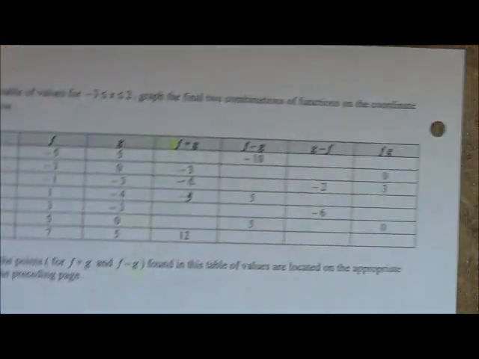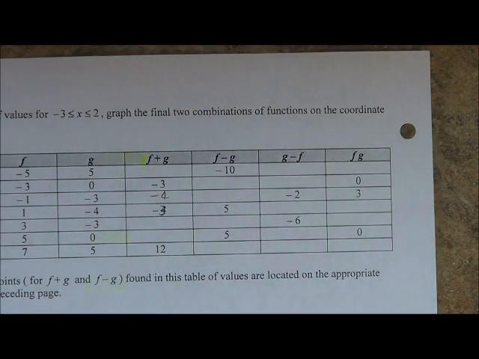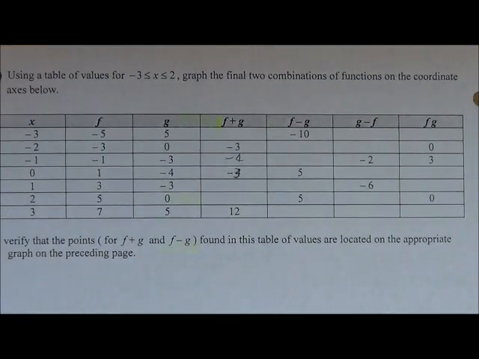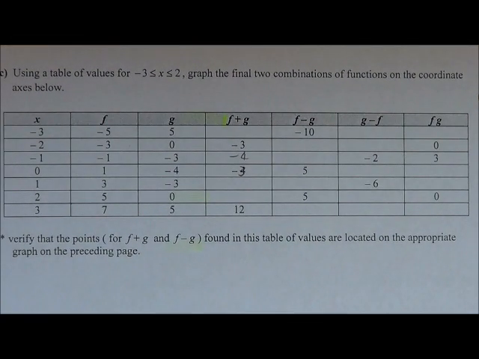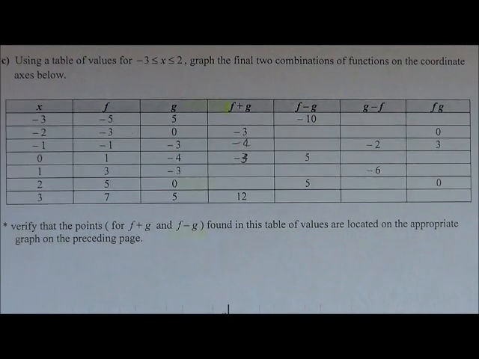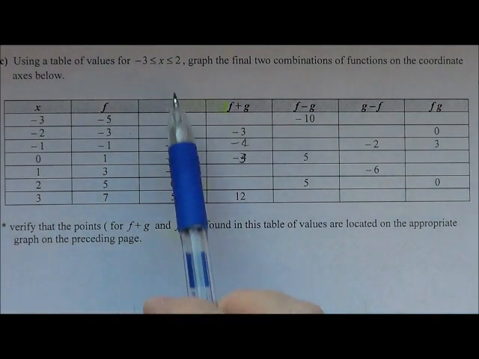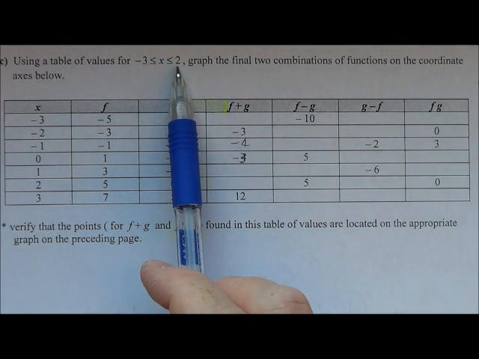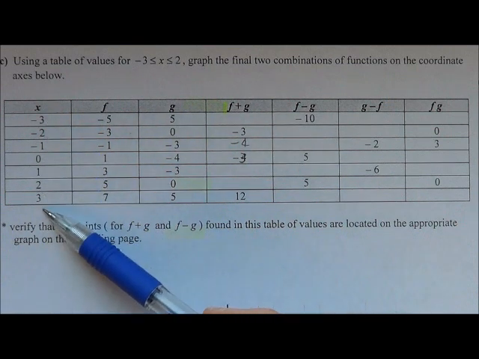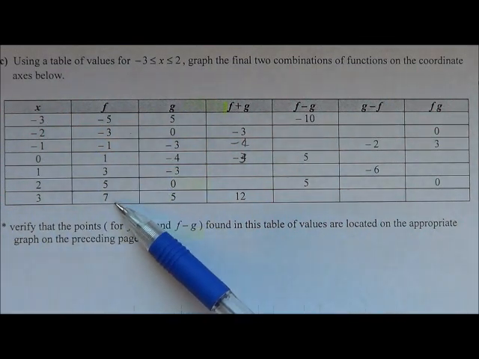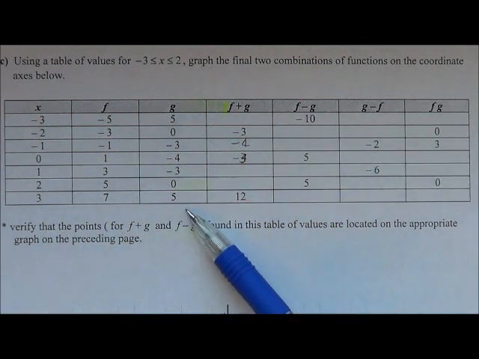Okay, let's move along now. We have a table of values here for those same two functions, f of x and g of x, on the domain from -3 to 2. We have all the x values, the f of x values, and the g of x values.